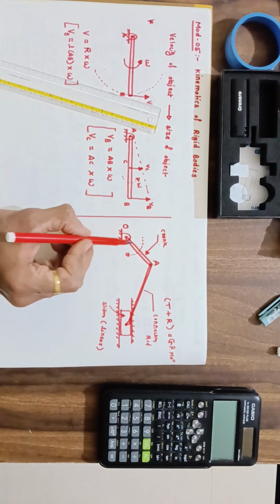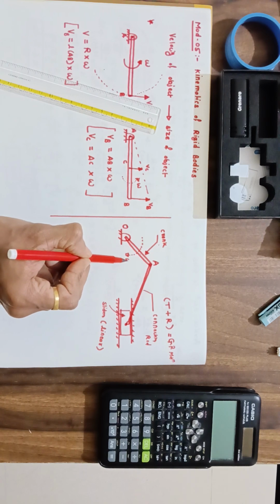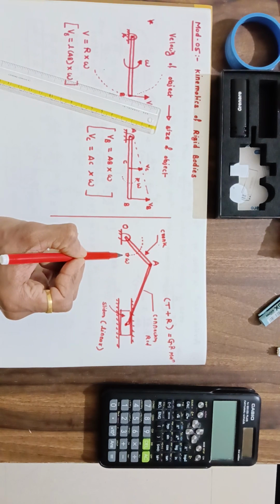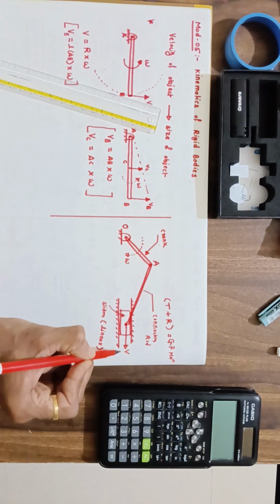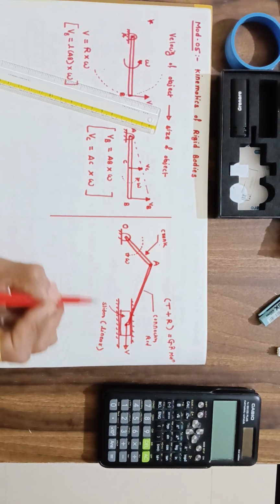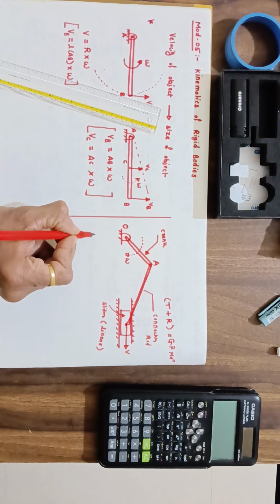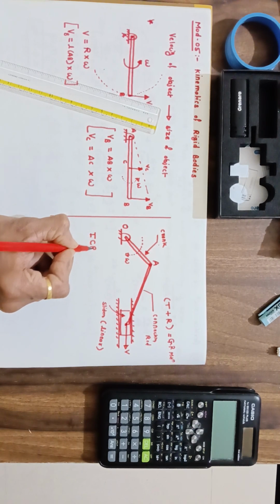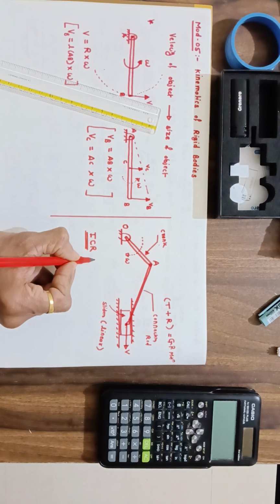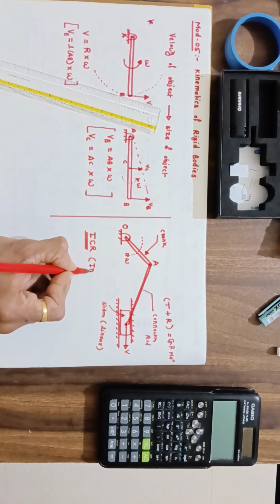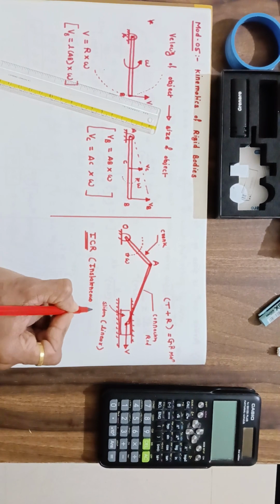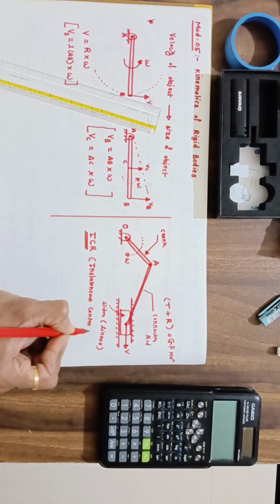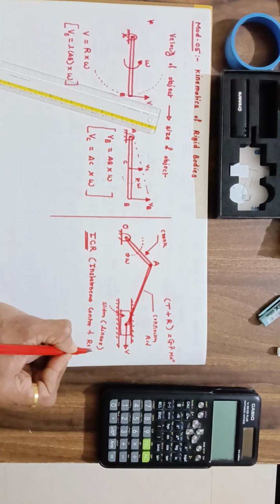So the question will be, if the angular velocity of the crank is given, that is omega is given, we have to find out the velocity of the slider. Okay, and for that we have to use one method which is called the ICR method. The ICR method is the instantaneous center of rotation.